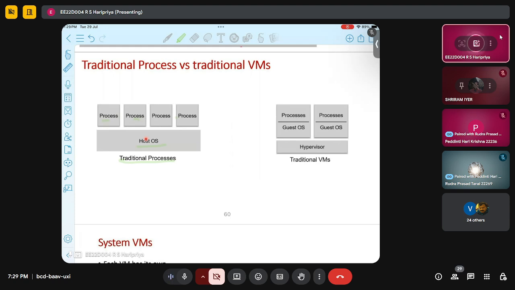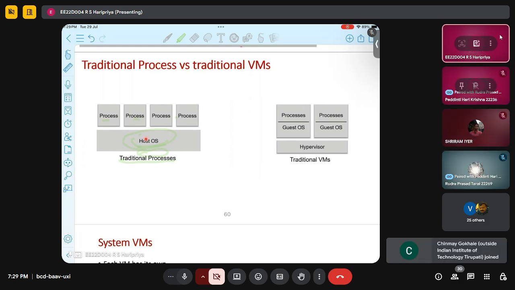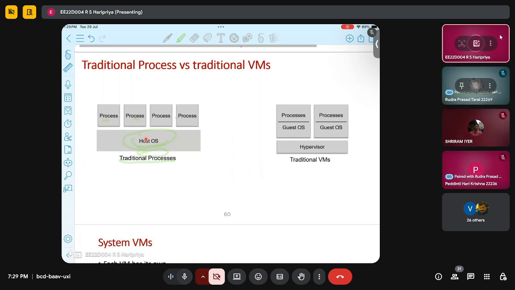These processes are sharing the underlying resources, and complete multiplexing is happening inside the operating system to share the resources between the processes. They may be taking one or a few threads, and all this will be controlled by the operating system directly to have access to the privileged instructions for hardware access.